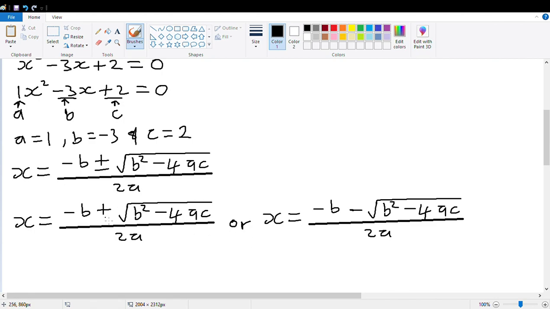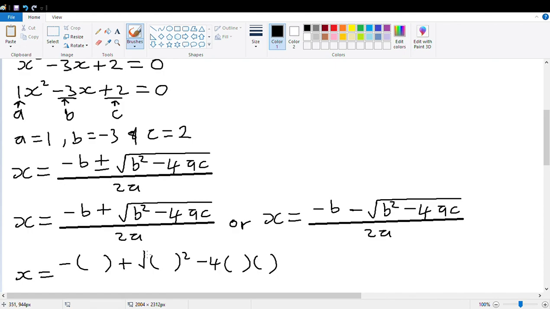Meaning you can start with a negative and end with a positive. But for these two equations, you must have two opposite signs. So in substituting, we will be having x is equals to negative b plus square root of b square minus 4ac.